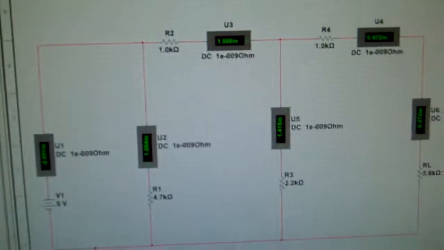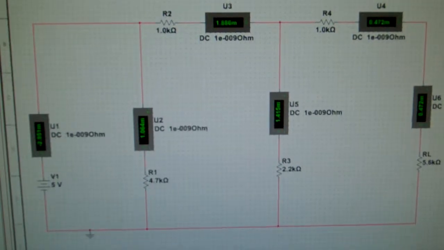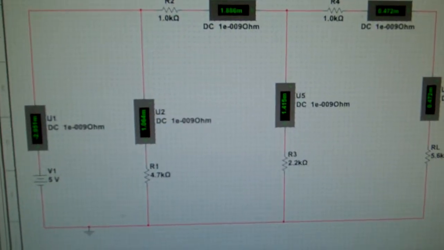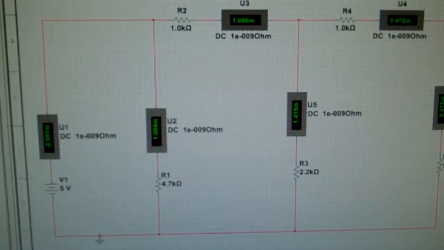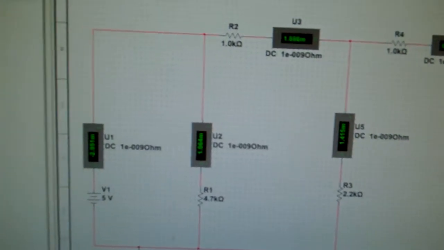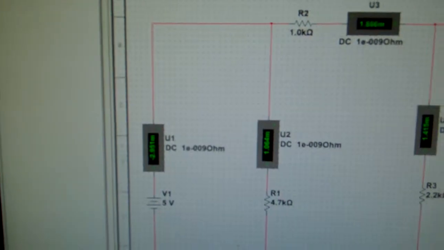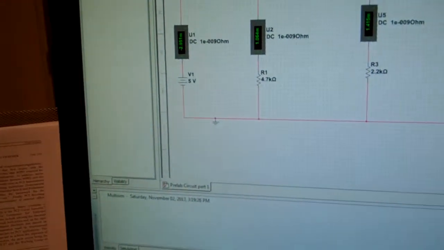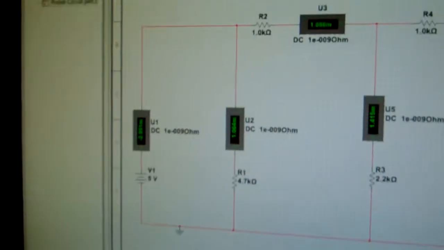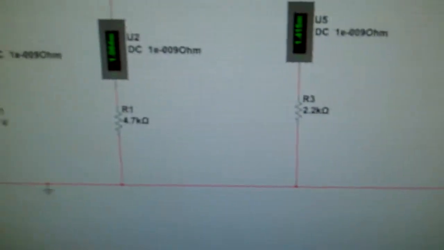So here is the circuit using Multisim, and you can put in the meters to measure the current across all of the elements, and you can measure the power across all of the elements.